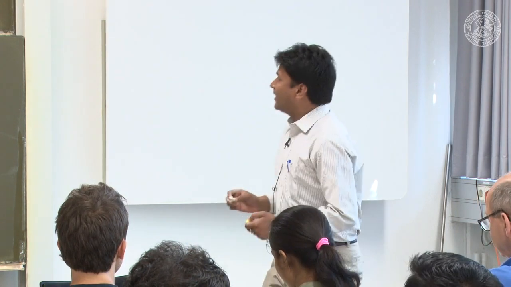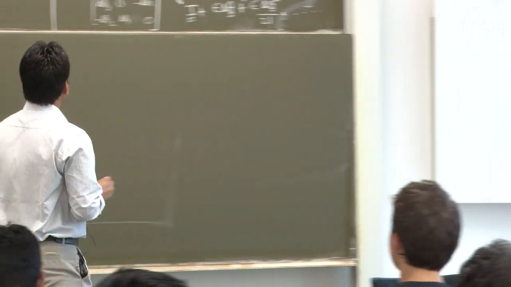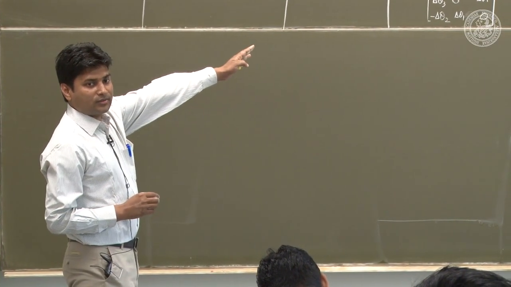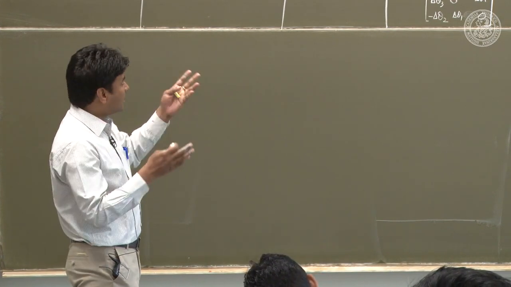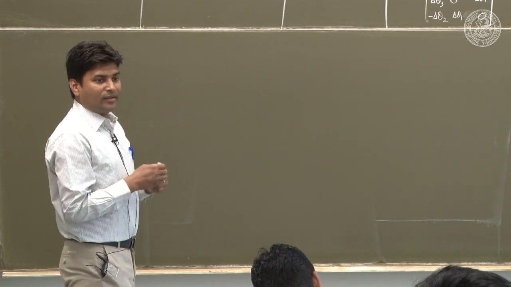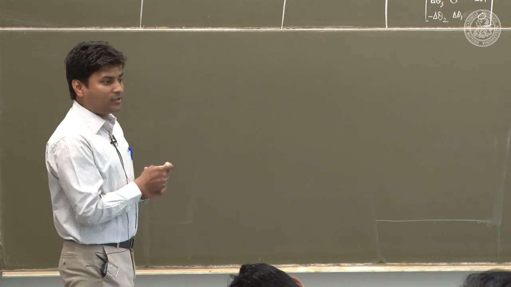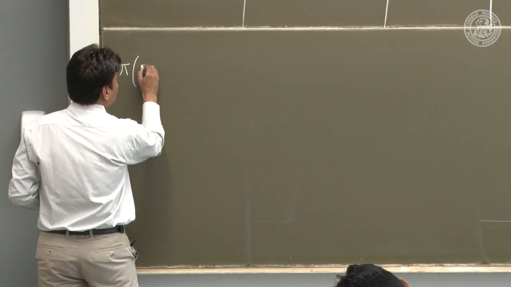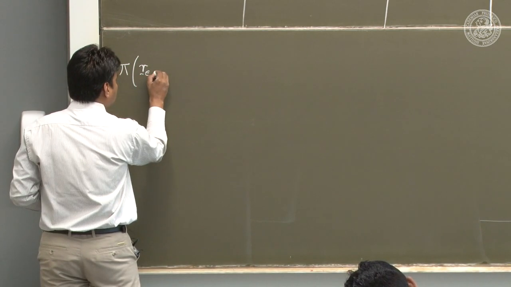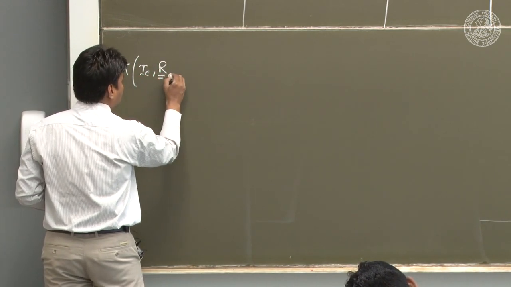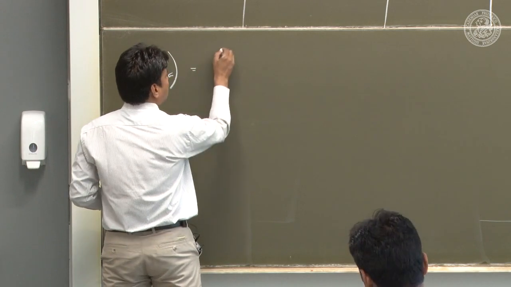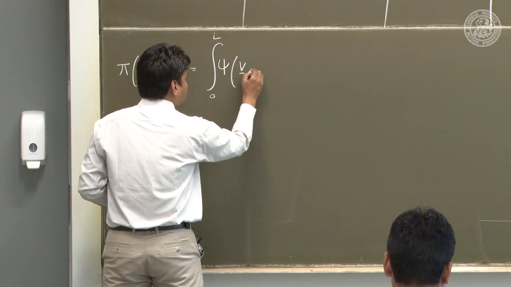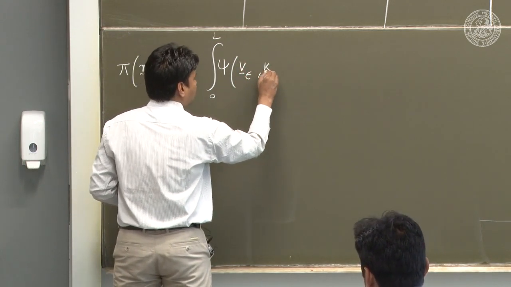Okay. All right. So once we know how to perturb rotations, you can just crank your first variation formula, which of course is not so easy in this case. So you have pi of r epsilon comma big R epsilon equals the integral from 0 to L of psi of V epsilon comma K epsilon.